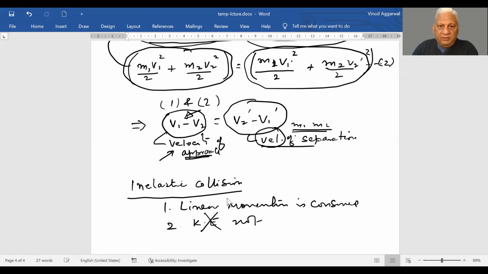Kinetic energy is not maintained, not conserved. So what happens to kinetic energy? Now, during inelastic collision, some of the kinetic energy is lost in terms of heat or friction or whatever. So kinetic energy is not conserved.